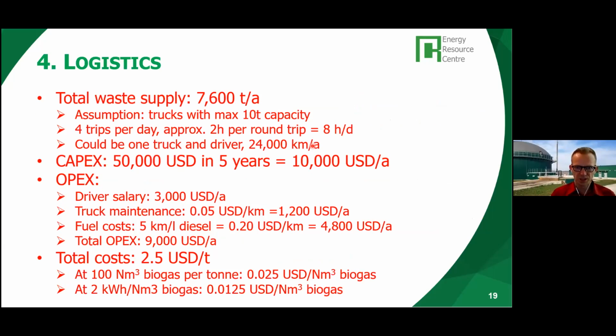And this could be, let's say, a first assessment of what it could look like, including indications of the costs, the capital expenditures, the operational expenditures, and the cost per ton of material, and how that eventually results in the cost per cubic meter of biogas, and, let's see, the amount of energy produced.